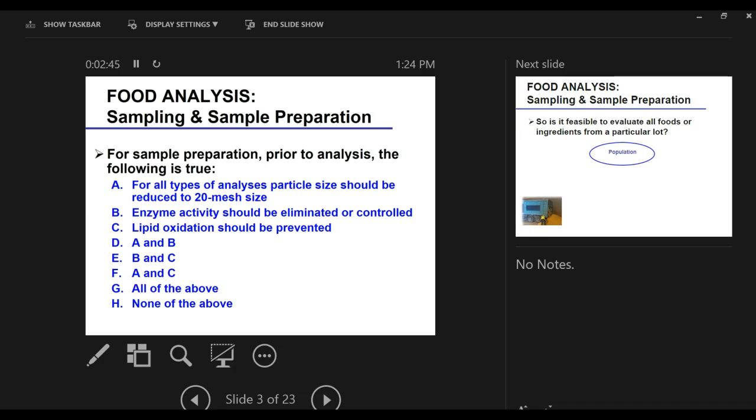Just guess. You might not know this, but guess. Do you think you should eliminate enzymatic activity? Paul? I'm going to say A. So you're only going for A. Okay. Anybody? Sammy? You were going to say none of the above?